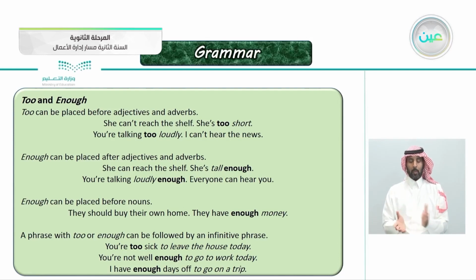A phrase with "too" or "enough" can be followed by an infinitive phrase. If you remember the infinitive, it's "to" plus the base form of the verb. For example, you're too sick to leave the house today.